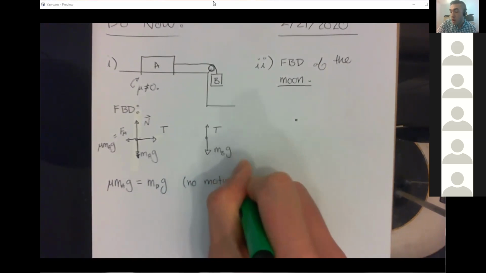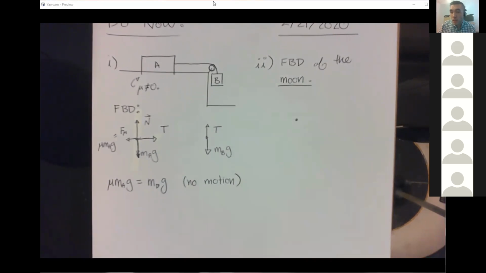That is to say, if there was enough friction on block A attaching it to that table, such that it was enough to resist all of the weight of B. This is easy to imagine if you think of A as being very large and on a rough surface, and block B is just a paper clip or something else with a very, very tiny weight. You could imagine that that won't be enough weight to shift block A, right? And so if the frictional force is equal to the weight, then there's going to be no motion, and it also allows us to set a couple other vectors equal. If these two are equal, if friction is equal to the weight of B, what else is going to be equal in this scenario?